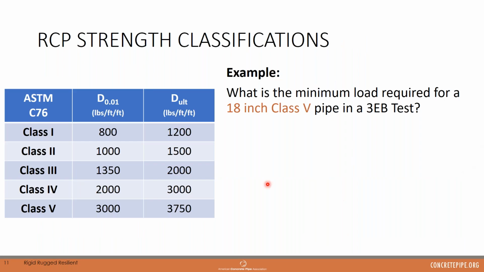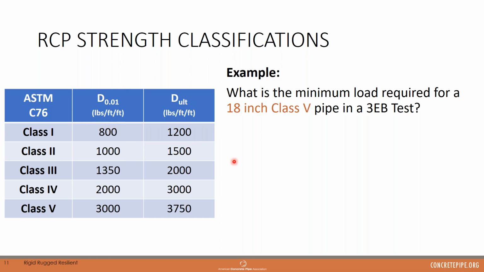Now, if you're familiar with the ASTM standard for concrete pipe C76, there are 5 standard classes of pipe in the standard. What this chart here is, it summarizes what the DLoad of the 5 classes are and also what the ultimate load of the 5 classes are. And it's measured in units of pounds per linear foot per foot diameter.